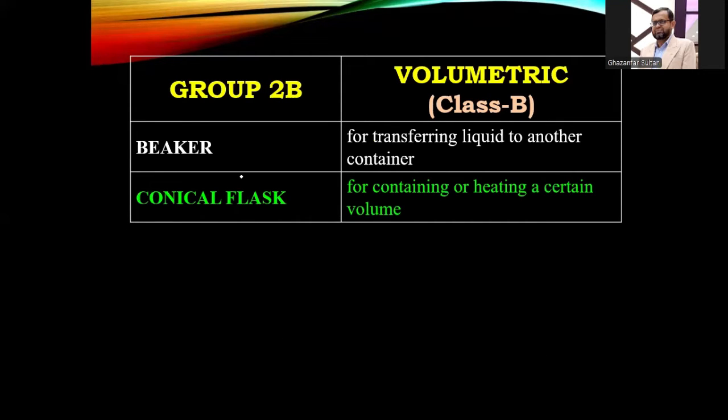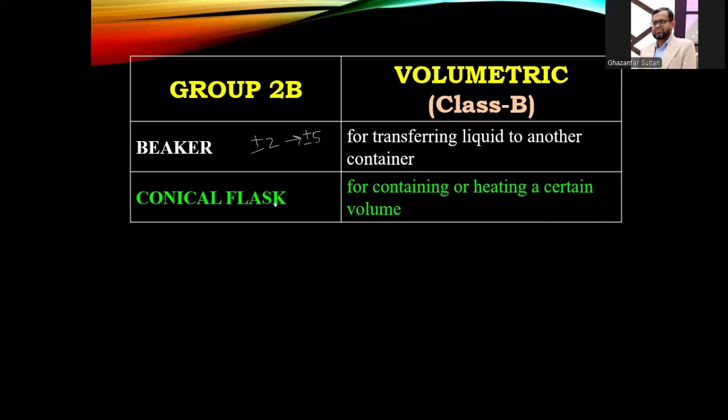So as we have already seen in the previous slide, that a graduated cylinder can be of class B, but here beakers and conical flasks are in category B because their standard deviation is plus minus 2 centimeter cube to plus minus 5 centimeter cube, depending on the size of the beaker.